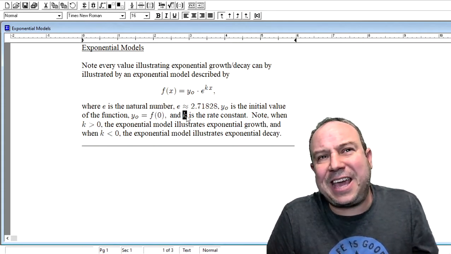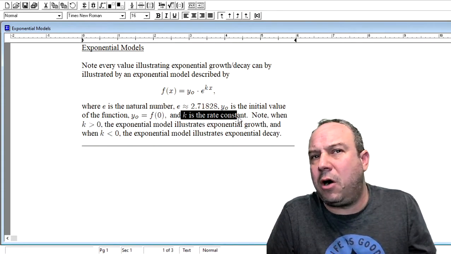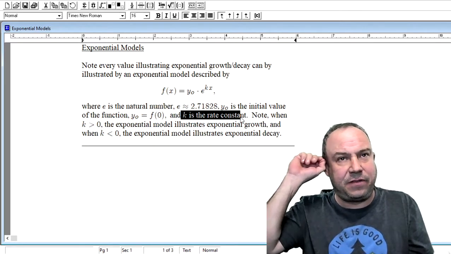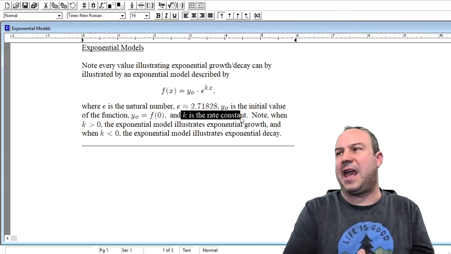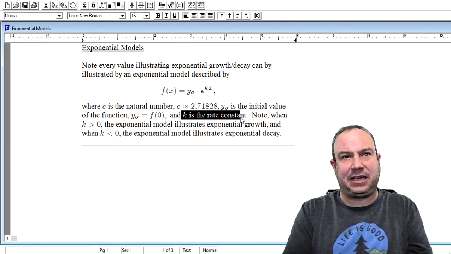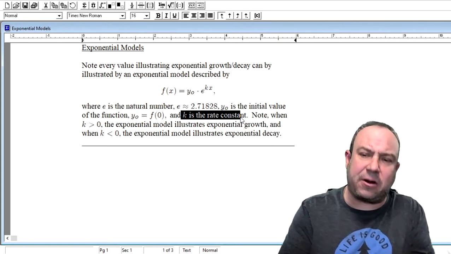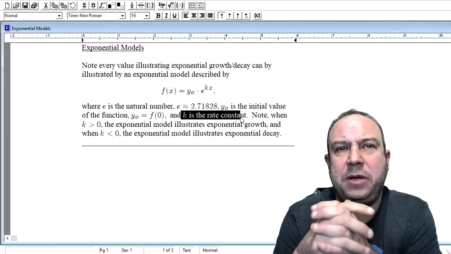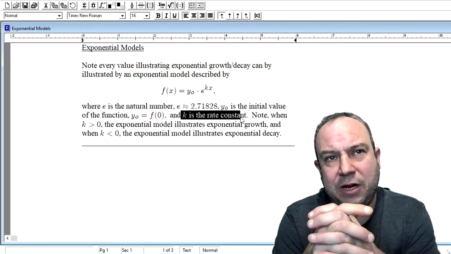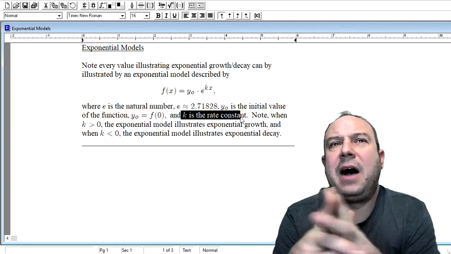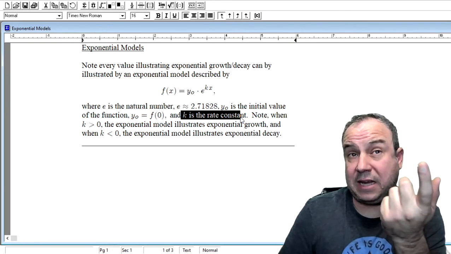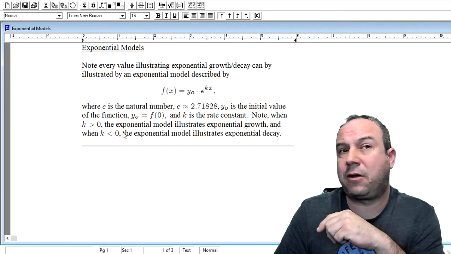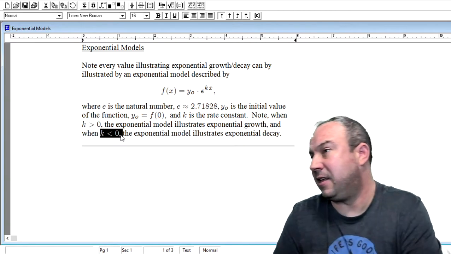All right, and k is what we call the rate constant. It is the constant of the rate of change in the exponential modeling here, folks, and it varies from model to model depending on how quickly that exponential growth is occurring. We have the case for growth when that rate constant is certainly greater than 0, and it is the case for decay when that rate constant happens to be less than 0.